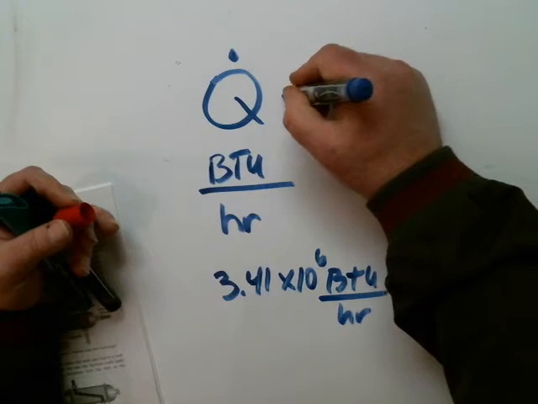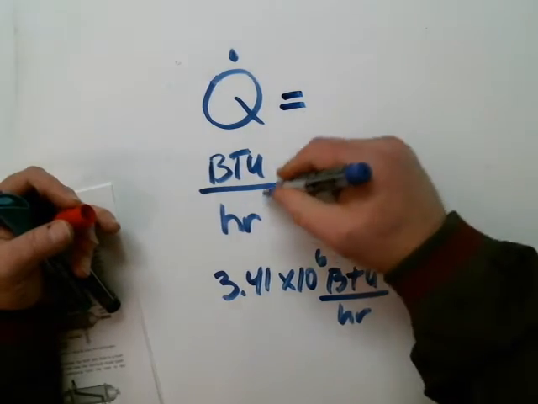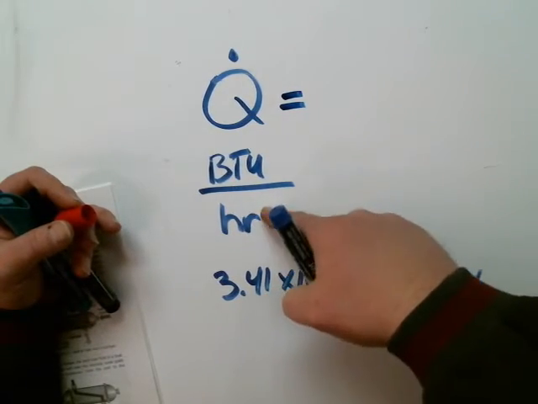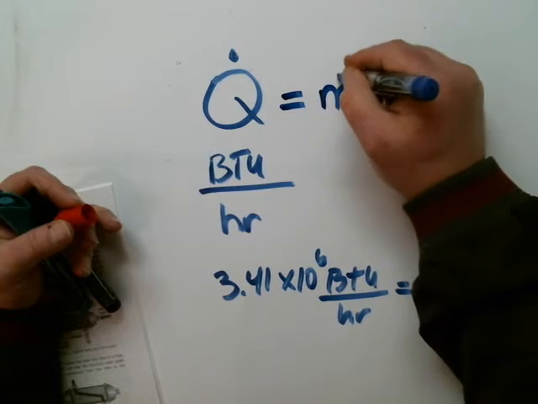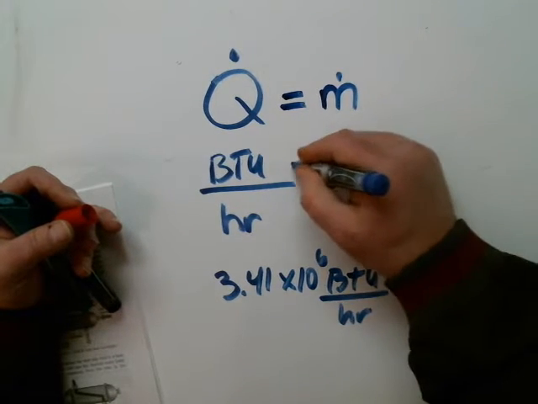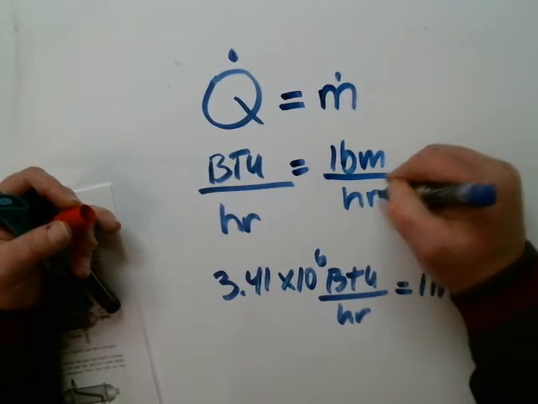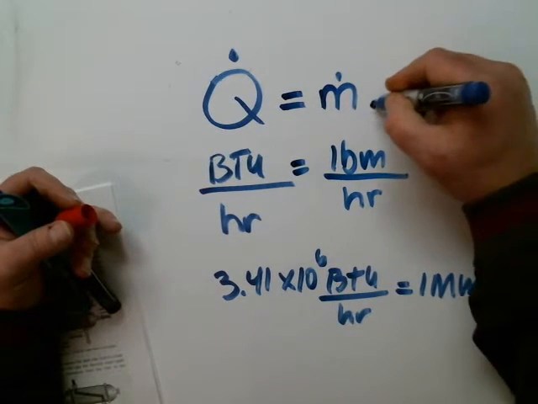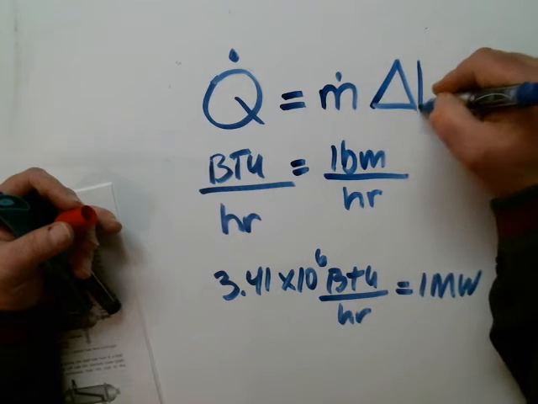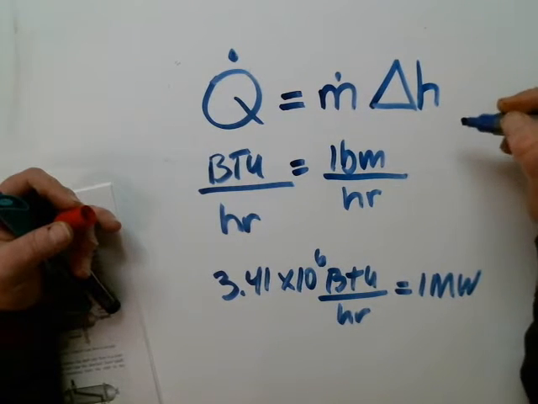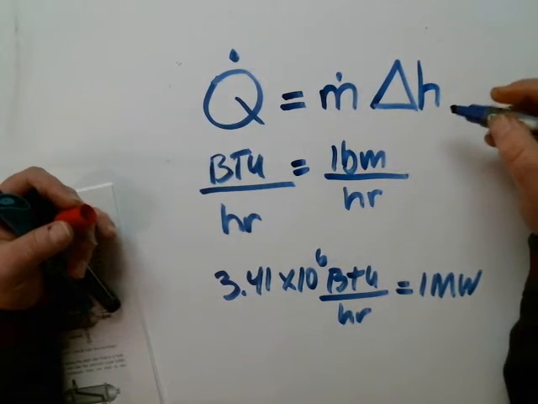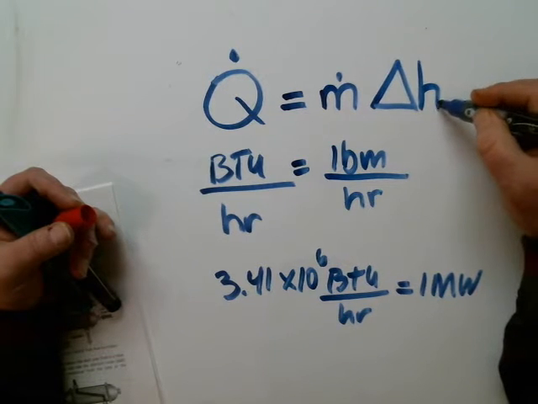So the first equation to solve for the heat transfer rate, BTUs per hour, is mass flow rate, which is in pounds mass per hour, times change in enthalpy. Enthalpy is a unit of heat, essentially, and we're going to be talking about the amount of heat in 1 pound mass.